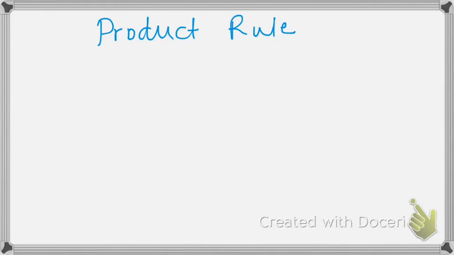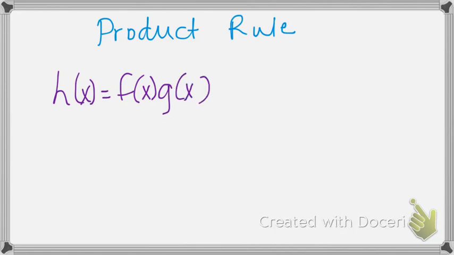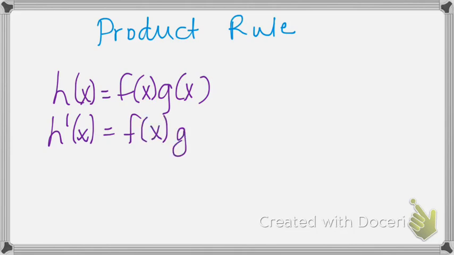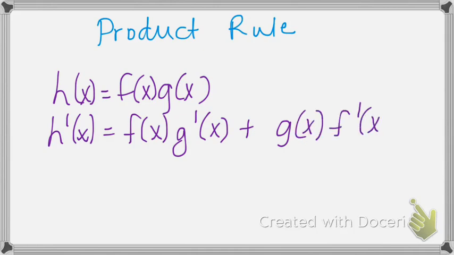But if you have h of x equals f of x times g of x, which is two functions multiplied together, then the derivative is f of x times g prime of x plus g of x times f prime of x.